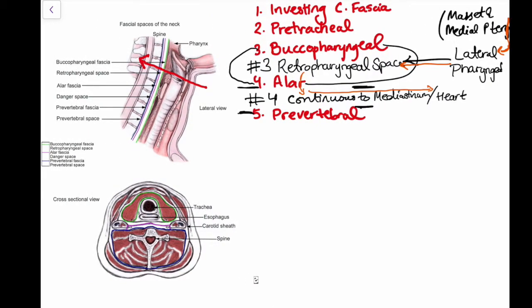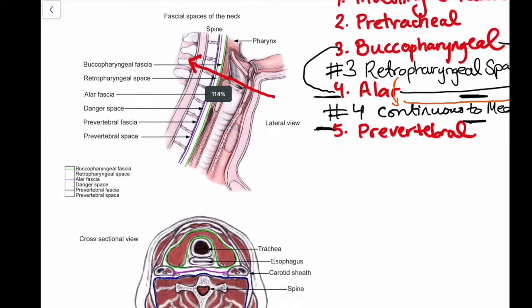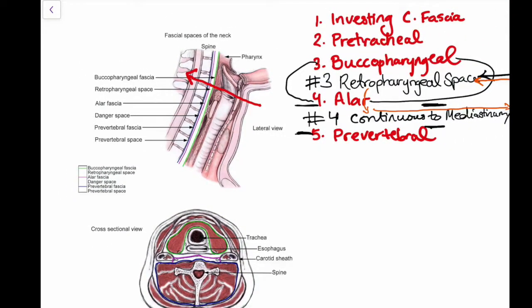as well as heart attacks. Here we can see the layers once again. If we go from the beginning, all the way up outside is going to be the investing cervical fascia, number 1 here. Then we have the pretracheal fascia out front. We should have the buccopharyngeal fascia back here in green.